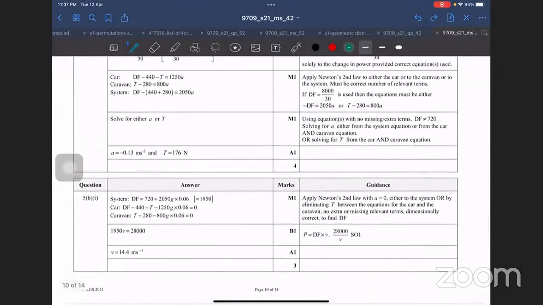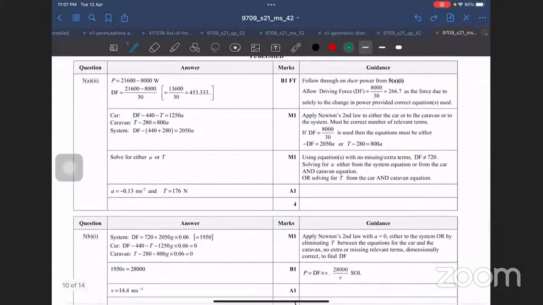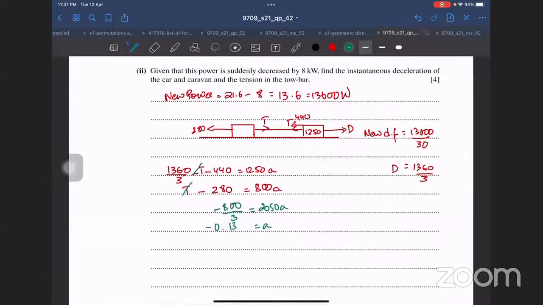Let's check if that's the correct answer. Yes, that's the correct answer. For the value of T, you can simply do 176.